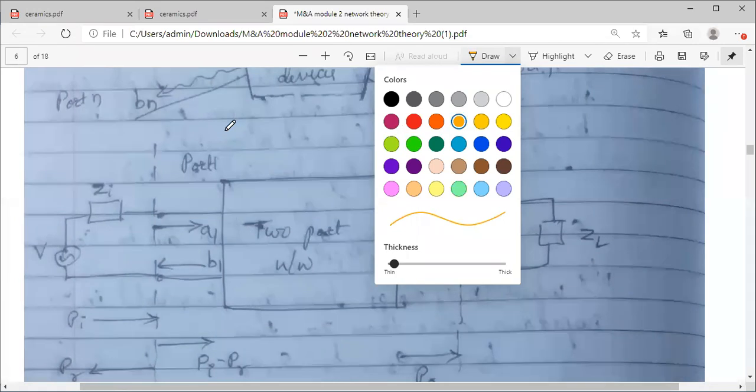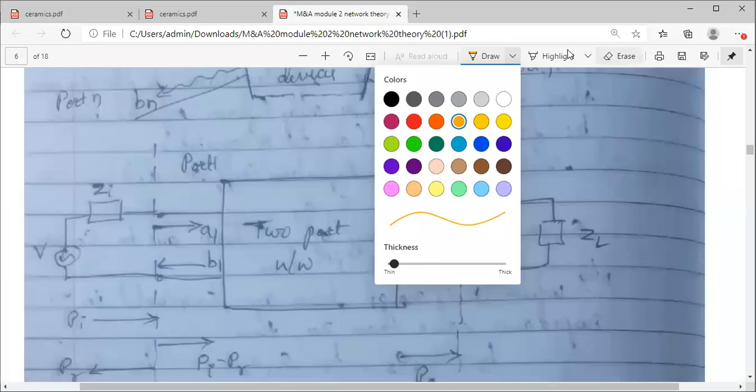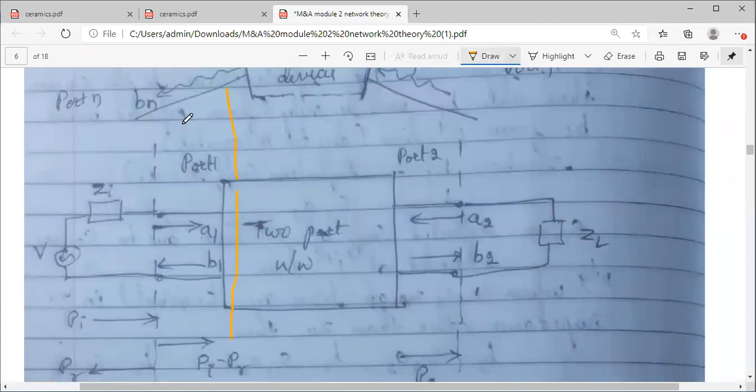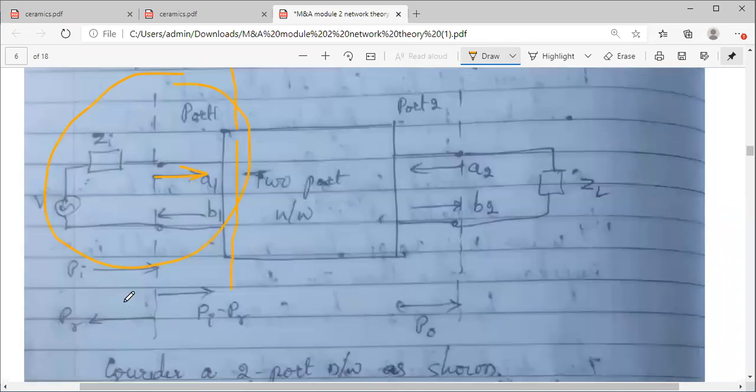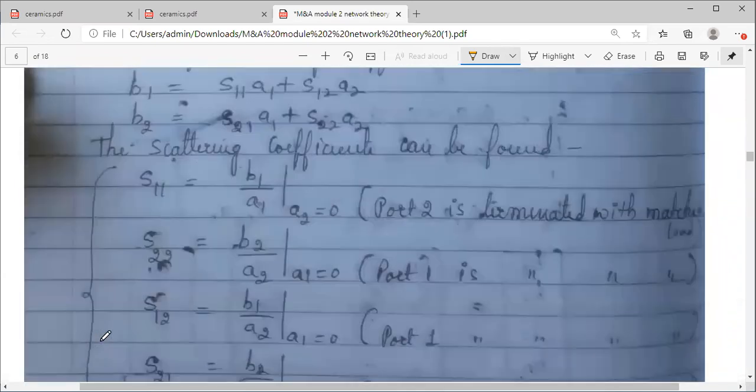The meaning is, for this 2-port network, if you consider the first port, just concentrate only on the first port. For this port, if there is a wave here, I can represent any wave in terms of power, because I can take the square. The same concept we have taken here, right? The proportionality.